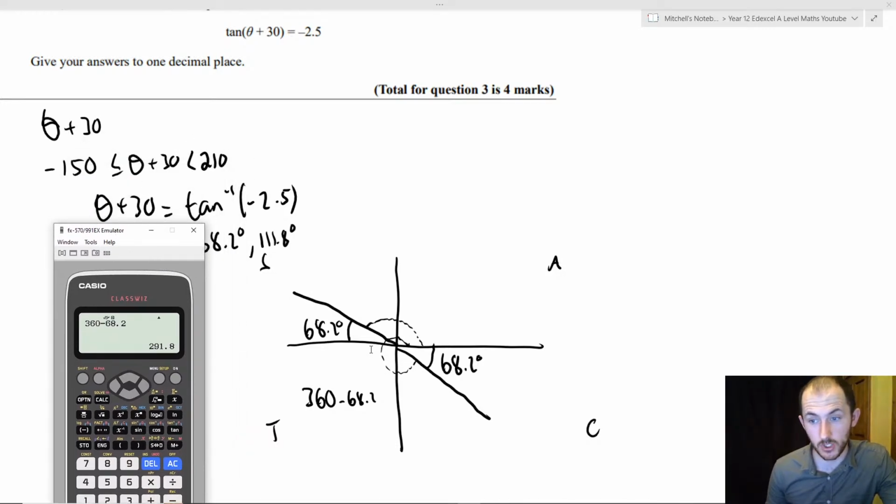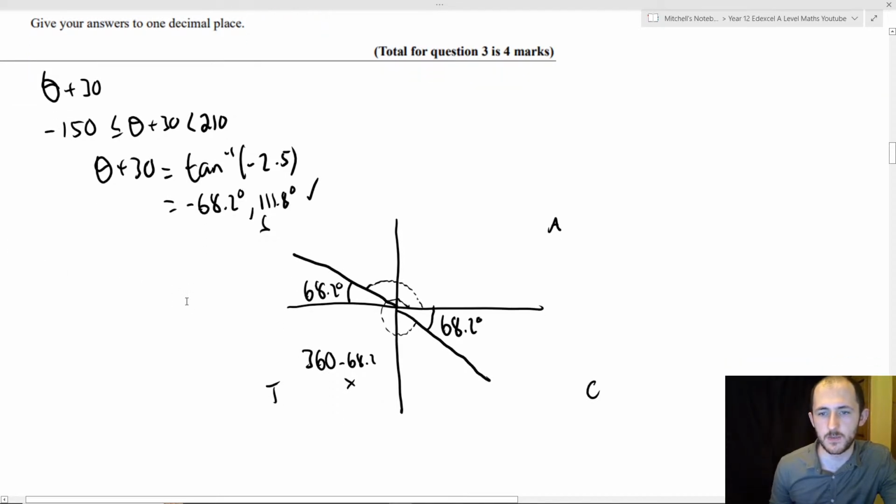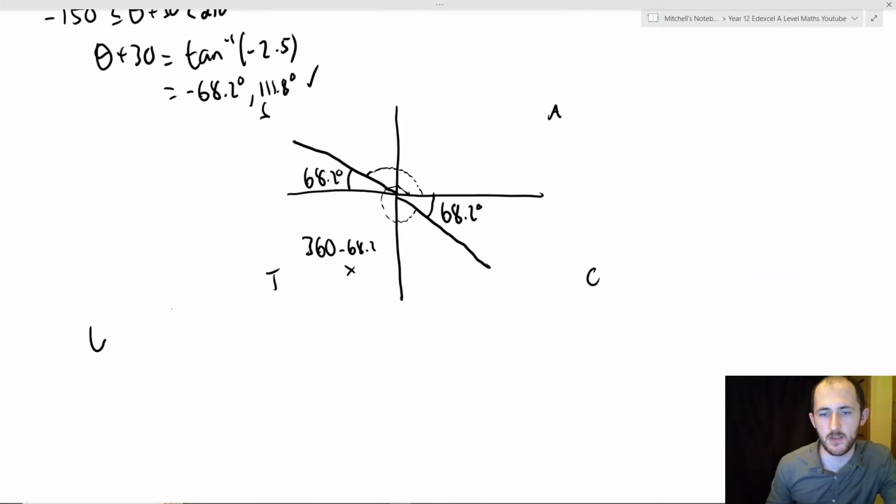So yes, you would go round to the C, but it's outside our range, so we don't need to do it. And if I go around again, obviously that's going to be outside our range. So in short, the only two answers we have are these two. Now that's not our final answer. To work out what theta is, we need to subtract 30 degrees from both of them. So that'd just be minus 98.2. That's not too bad.